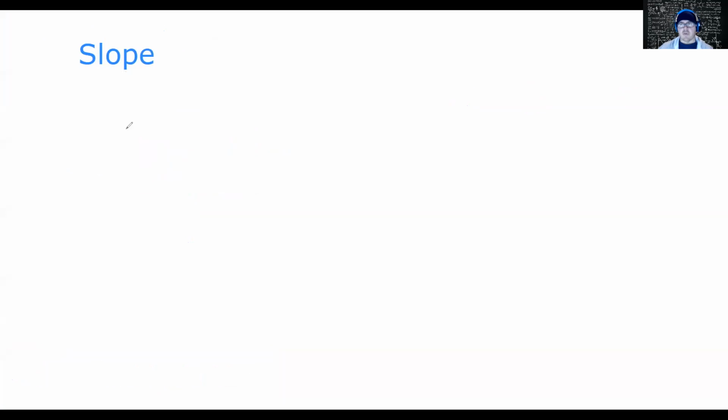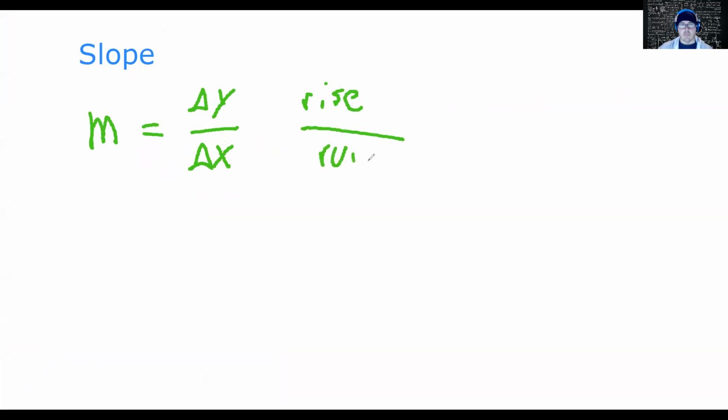First of all, anytime you see the letter M, that's the letter for slope. What it's equal to is the change in y over the change in x. The rise over the run is another way to say it.